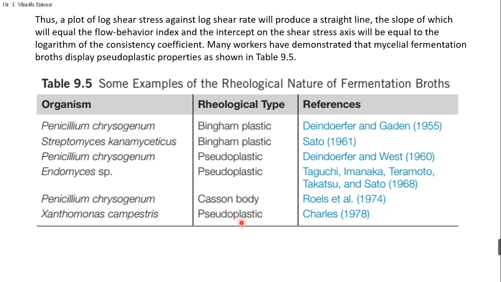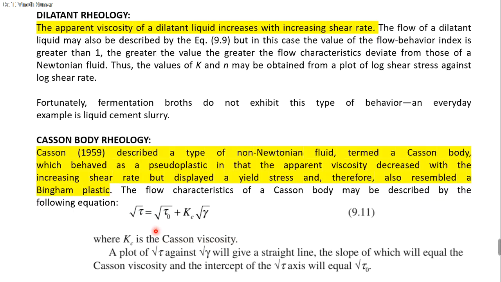Xanthomonas also behaves as a pseudoplastic. These are the references of the scientists who studied the rheological nature of the fermentation broth of different organisms. You have to remember all the organisms, but there is no need to remember these references. This is very important: all six different types of organisms.